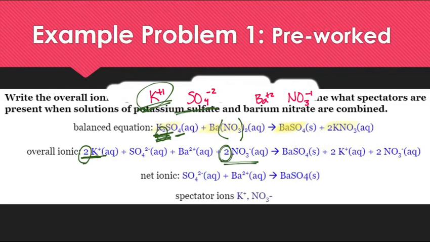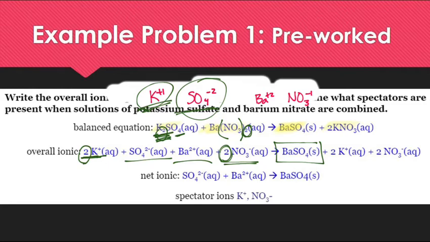I make it a coefficient because this 2 is not part of that polyatomic. So just breaking up everything that's aqueous, showing their charges again, just like what we saw before, and just moving subscripts to be coefficients. Notice I did not break up my BaSO4 because it is a solid, not aqueous.